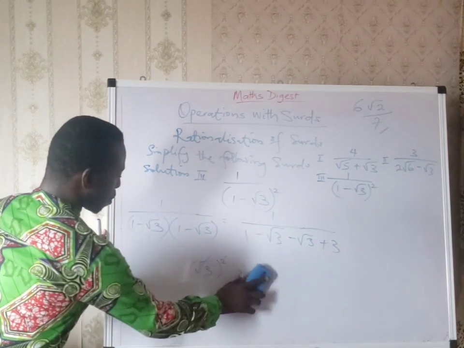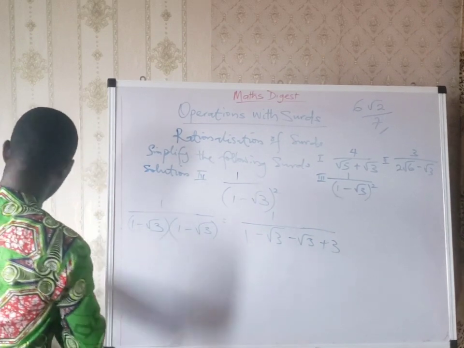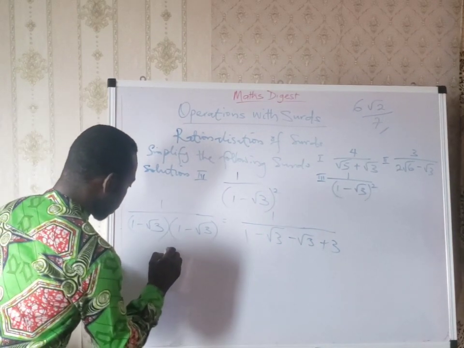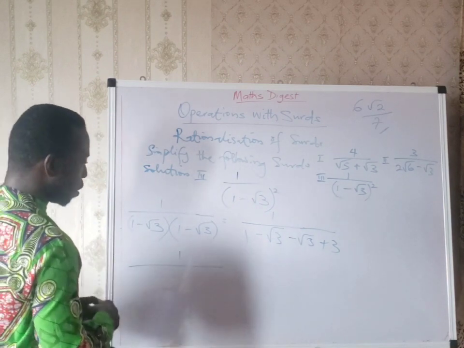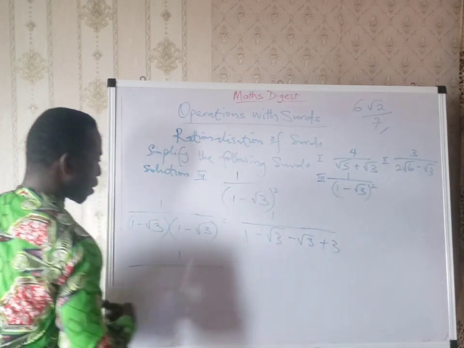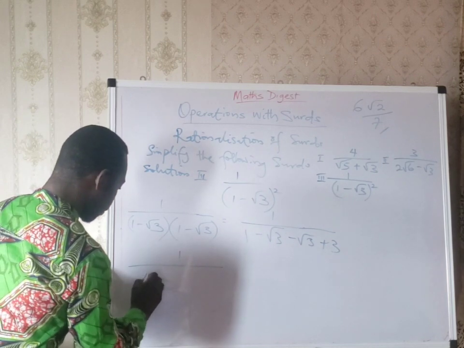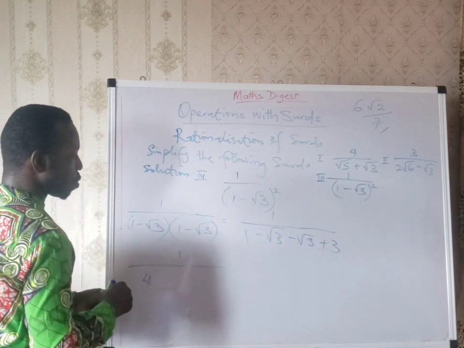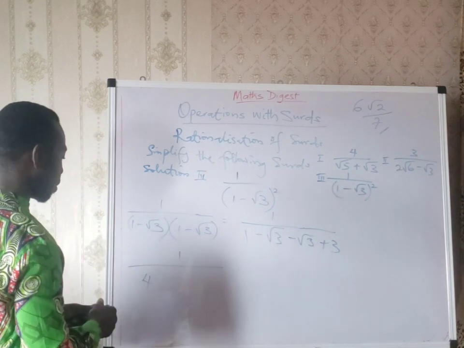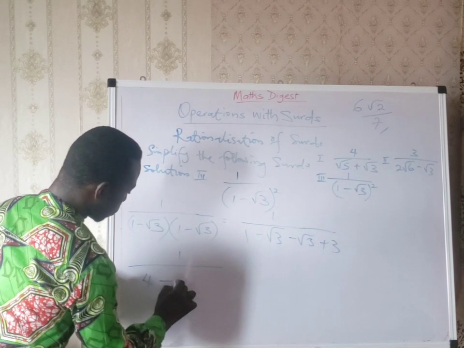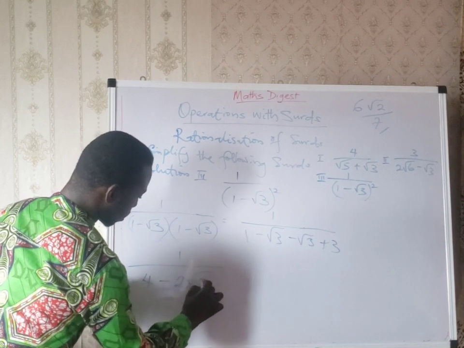Now we continue. We say 1 over 1 plus this 3 is 4. We have 4. Now minus root 3 minus root 3, we have minus 2 root 3.